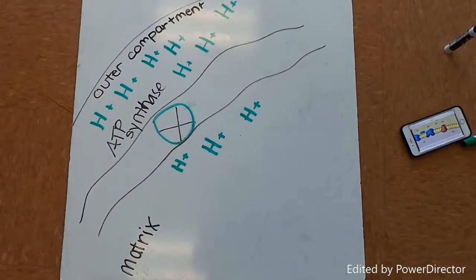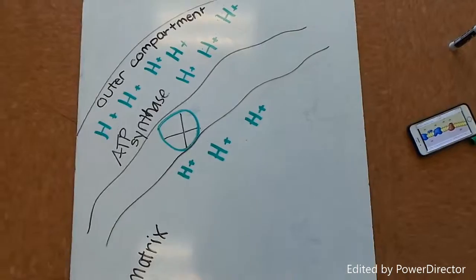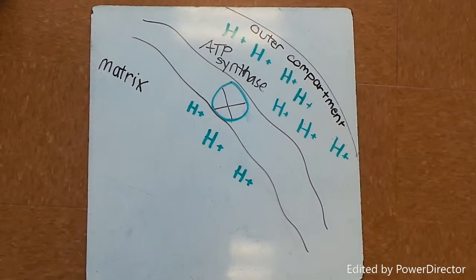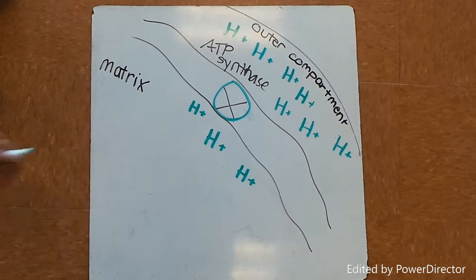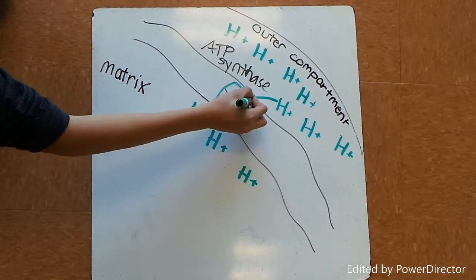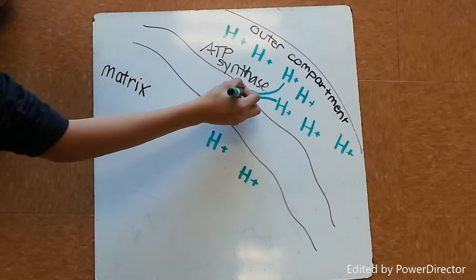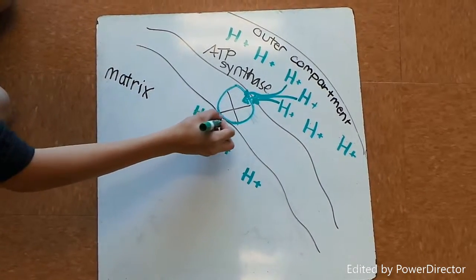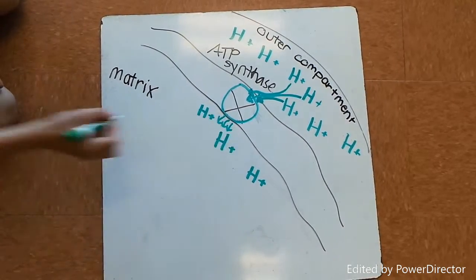Hydrogen ions concentrated in the outer compartment are a form of potential energy. Hydrogen ions diffuse through the ATP synthase, and then into the matrix.